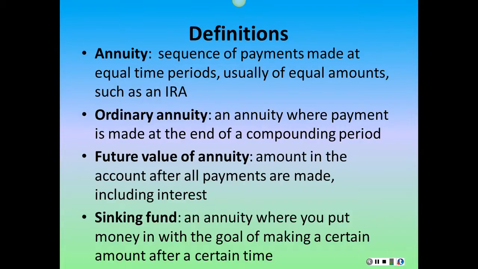So, for example, if you wanted to use an IRA to save for retirement and you wanted to have, let's say, $40,000 by the time you were 60, a sinking fund would allow you to calculate how much you need to deposit on a regular basis, say every month or every few weeks, given a certain interest rate, so that you'll have it in that same amount of time.